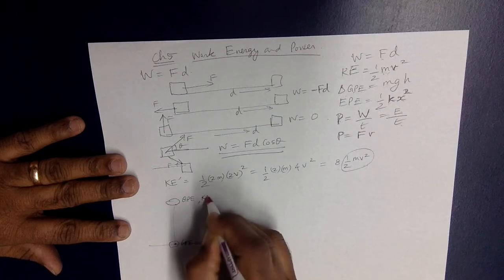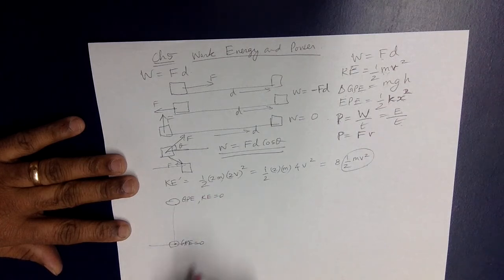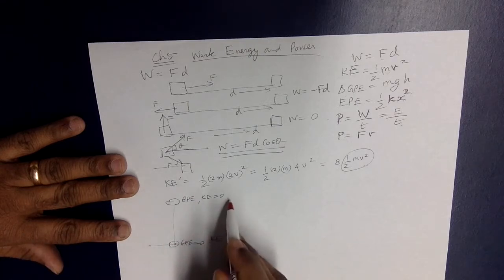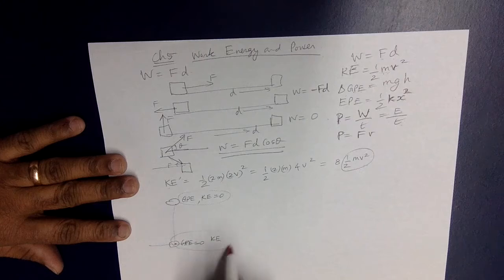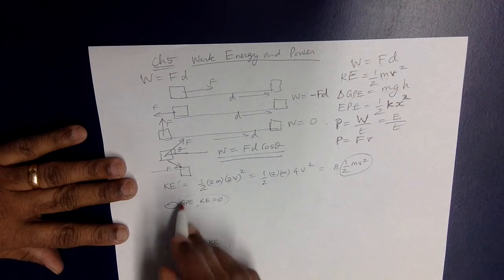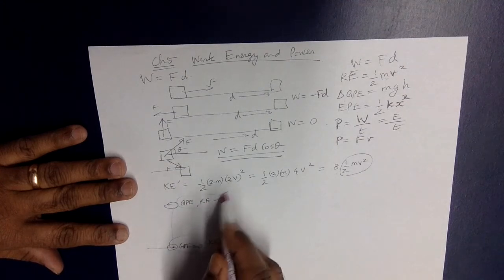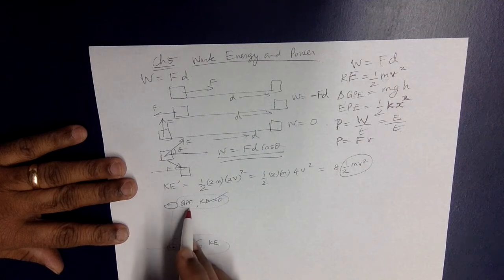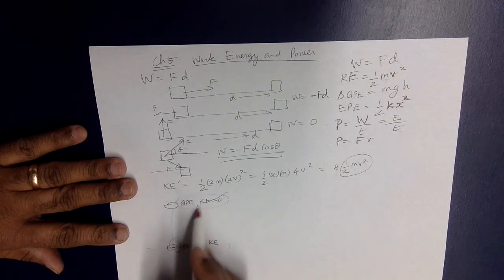Over here the object's kinetic energy is 0 because he just dropped it, and over here the kinetic energy is something. Now what you should understand is the total of these two here should be equal to the total of these two here because the total energy is conserved. We don't have to worry about the zeros. So that means the GPE here should be equal to the KE.